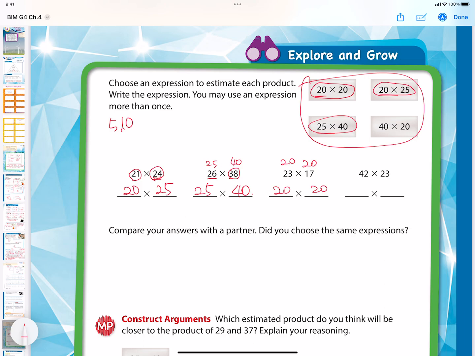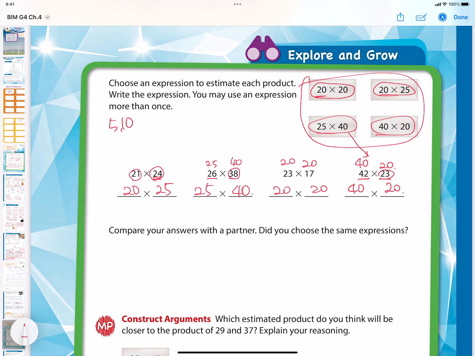Now 42 times 23. 42 is close to 40, and 23 is going to be, let's say 20. Maybe we can use this one as well, but I'm going to use this. It doesn't matter. All right, now compare your answers with a partner.